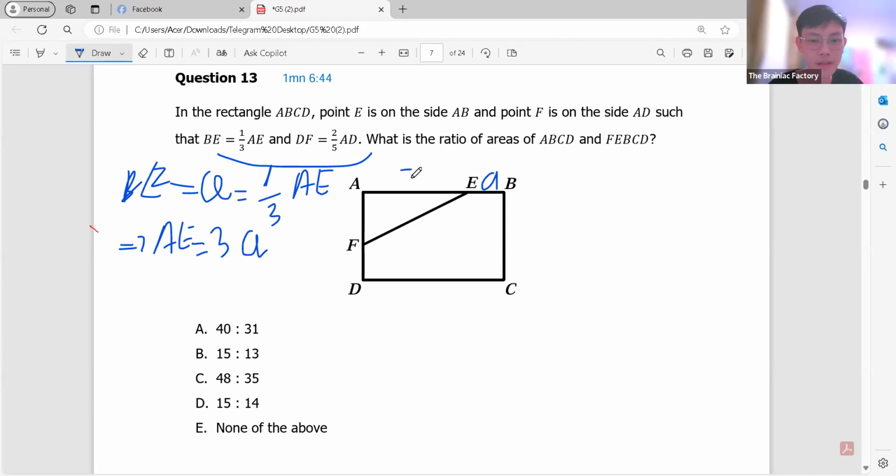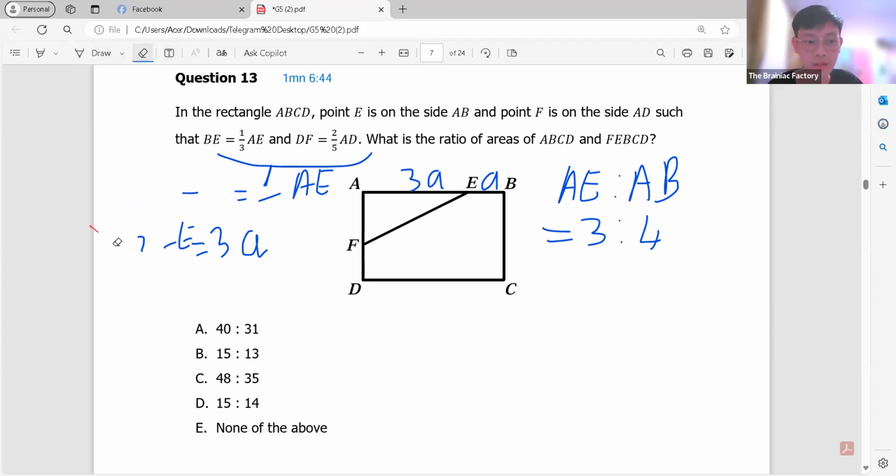This is A, this is 3A. So what we want to find is the ratio of AE over AB, and I will tell you soon why we're doing this. So we have AE directly proportional to AB, which is equal to 3/4, because 3A plus A is 4, so we have 3/4.